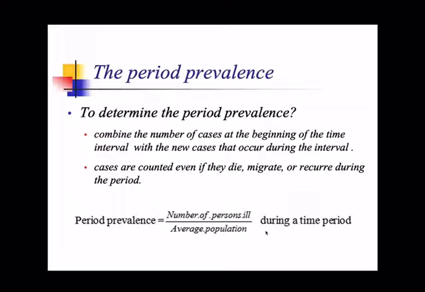In the calculation of period prevalence, for the numerator, combine the number of cases at the beginning of the time interval with the new cases that occur during the interval. Cases are counted even if they die, migrate, or recur during the period.